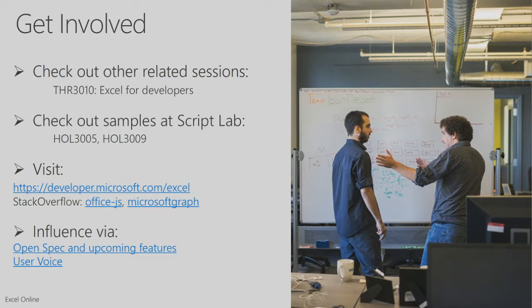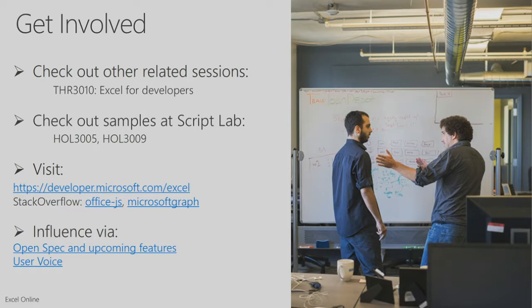I'm not sure if you're familiar with it, but we'll cover it in more detail in one of the next slides. And one other interesting place that you can visit is the open spec. We're maintaining an open extensibility spec in GitHub, and those who are familiar with it are actually going and reviewing the stuff that we want to do next, commenting on it, influencing our priorities and the way we do things. So you're all welcome to join this community and participate.